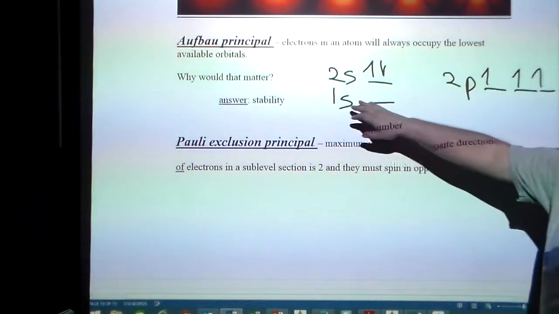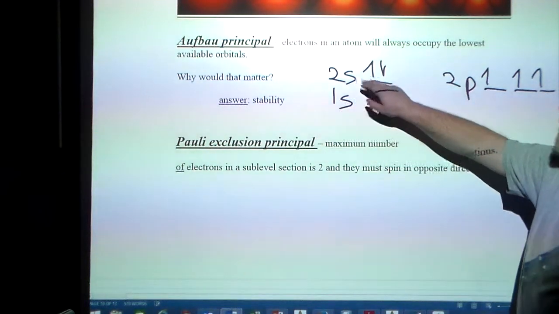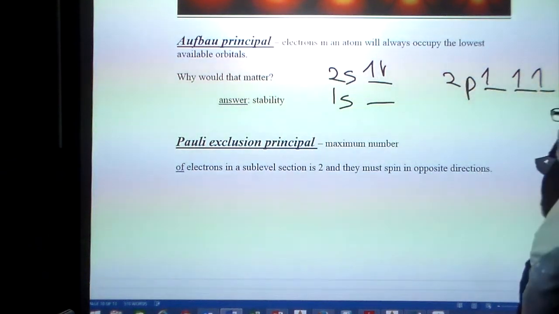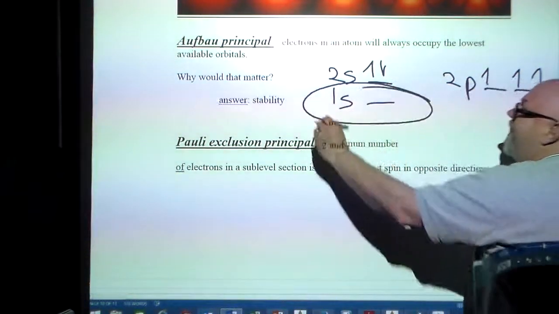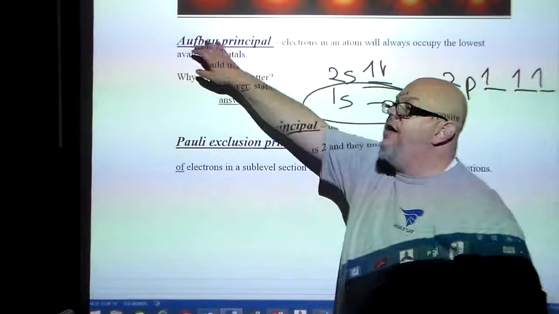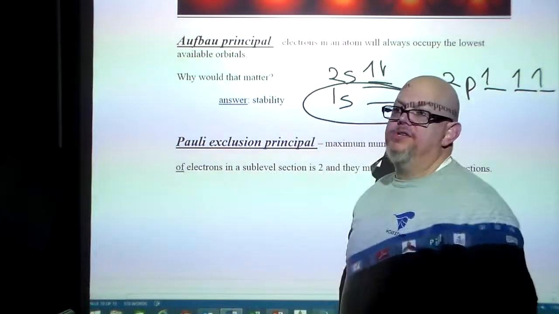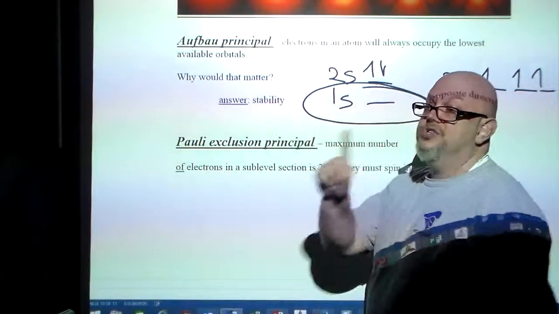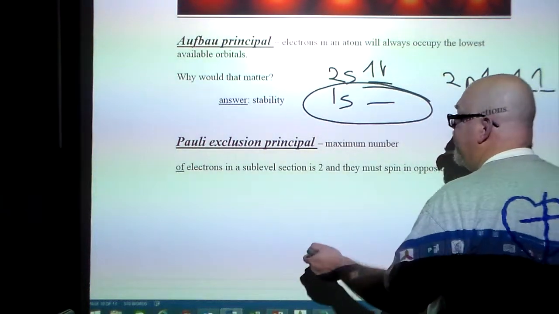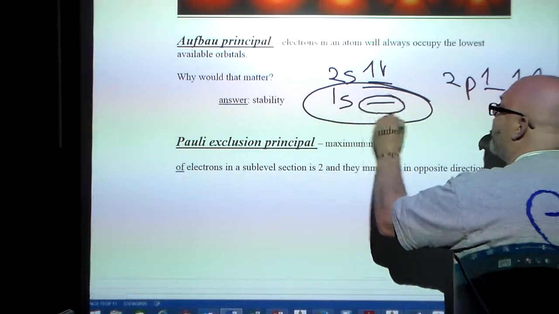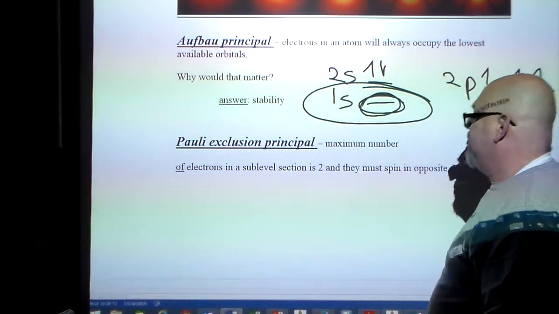You're never going to see where 1s is empty and the 2s is full and the 2p is kind of sort of full. This has to be filled according to Aufbau. Aufbau says you've got to fill the lowest. Why? That answer, stability. Now Pauli said the maximum number of electrons in a sublevel like this is 2.